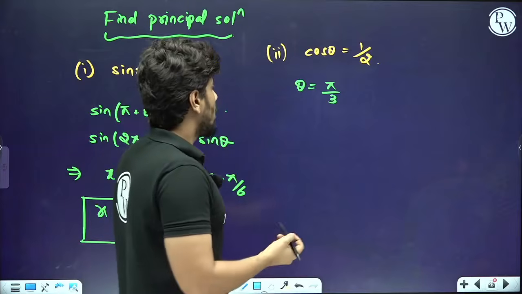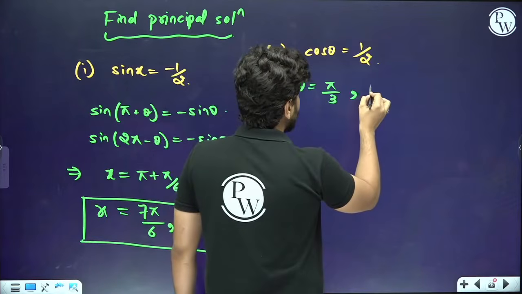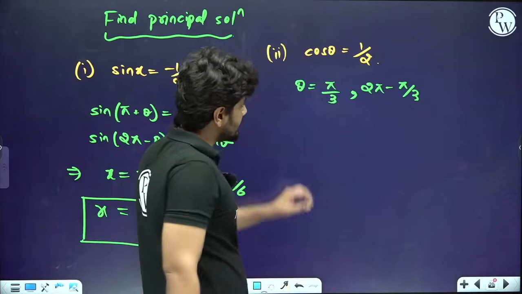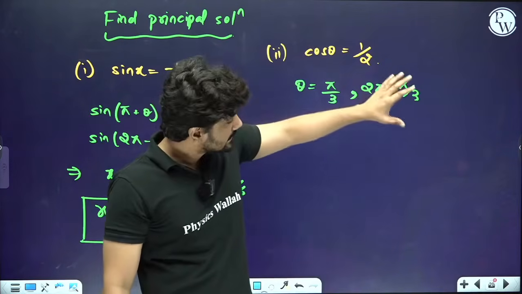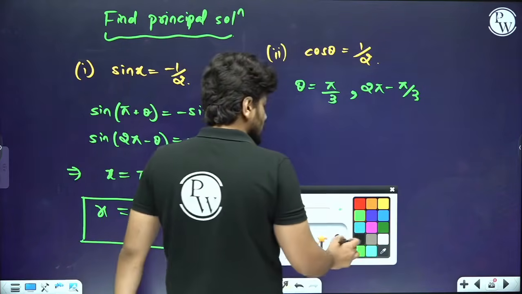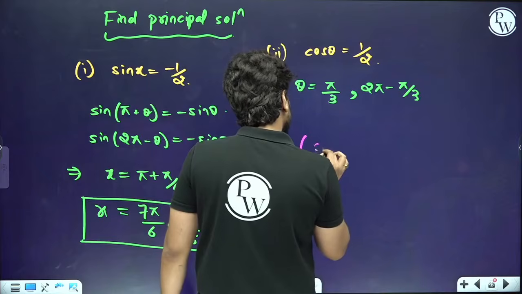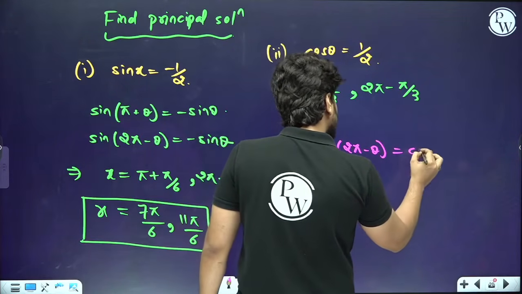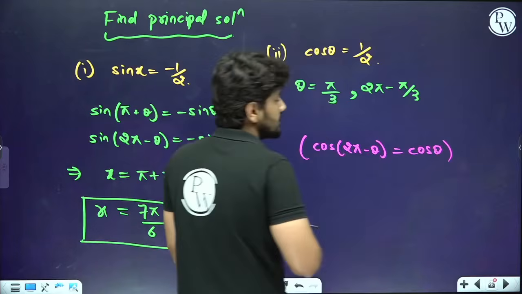Or theta will be equal to 2 pi minus pi by 3. This is in the fourth quadrant. See, this is the first quadrant solution, this is the fourth quadrant solution, because we know that cos of 2 pi minus theta is equal to cos of theta.